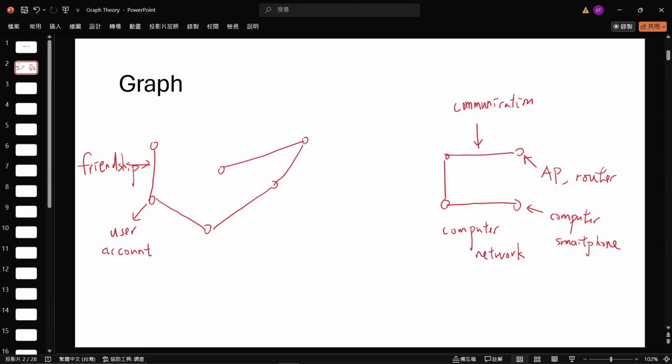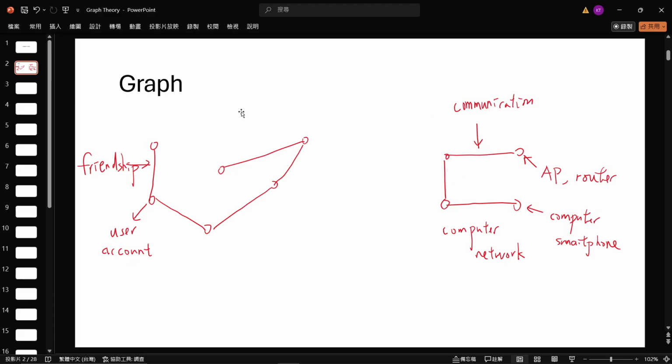All right, so for this course, we'll focus on some properties of graphs, because if you want to design efficient graph algorithms, you have to first understand some basic properties about graphs. So we're going to study graph properties and some problems on graphs, and also some algorithms to solve these graph problems. Right.